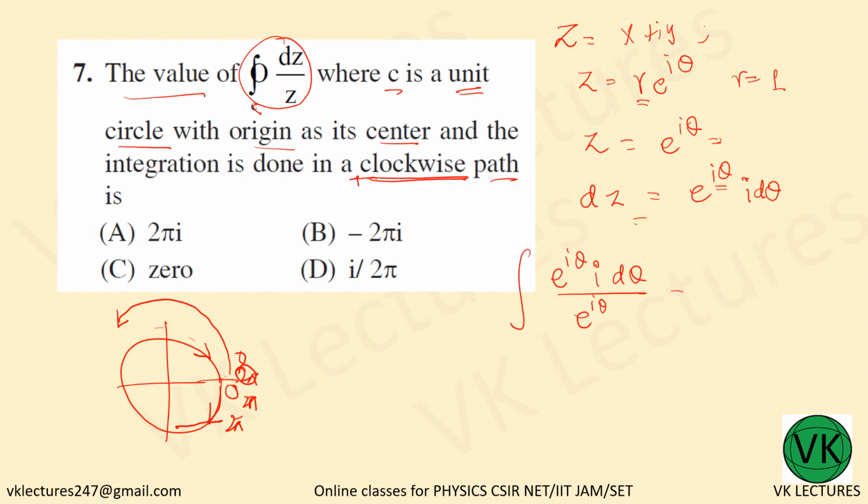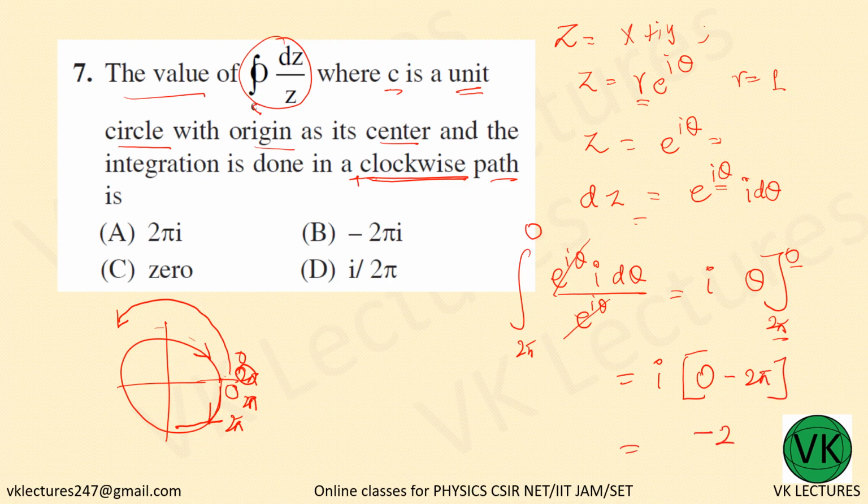So what is left? e power i theta gets cancelled. So the integral is from 2 pi to 0 of i d theta. i comes outside, the integral of d theta is theta, from 2 pi to 0. So that is nothing but i into 0 minus 2 pi, so minus 2 pi i. So your answer is B.